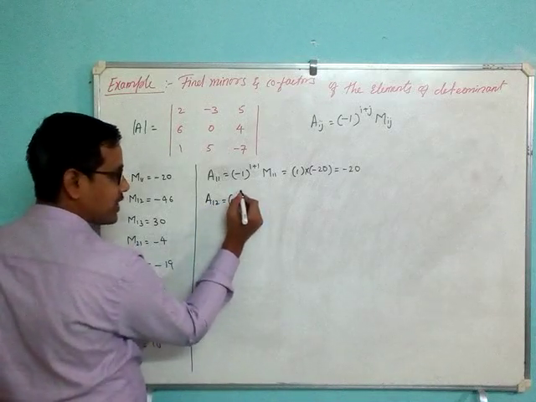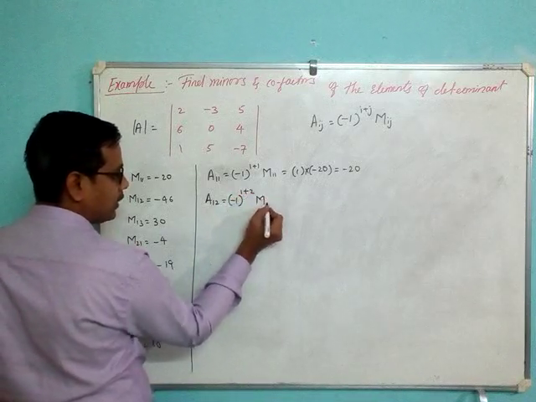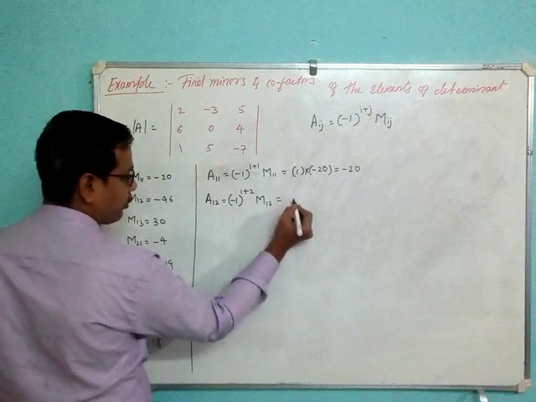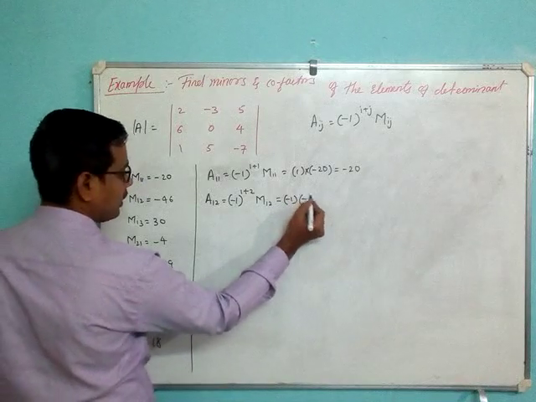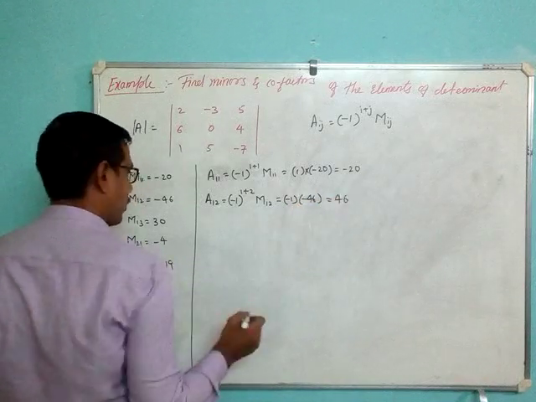A12 will be minus 1 to the power i plus j. Here i is 1 and j is 2. 1 plus 2 into M12. So minus 1 to the power 1 plus 2 is minus 1. M12 is minus 46. So this will become plus 46.